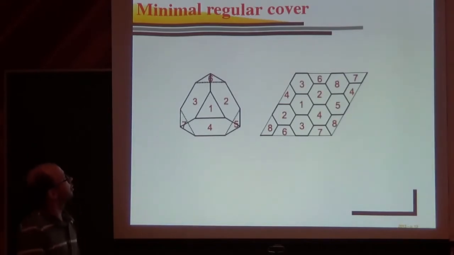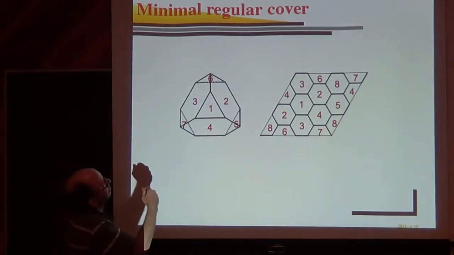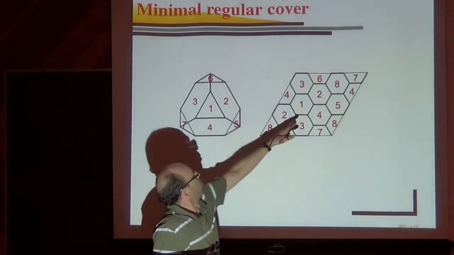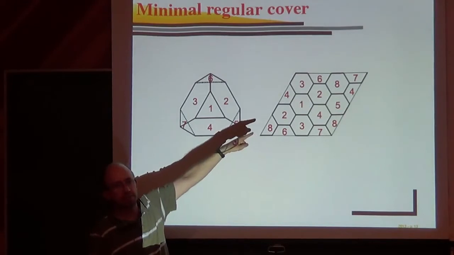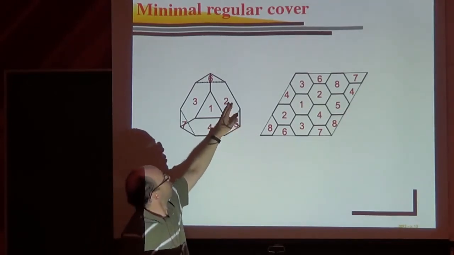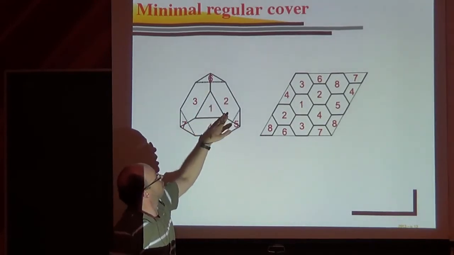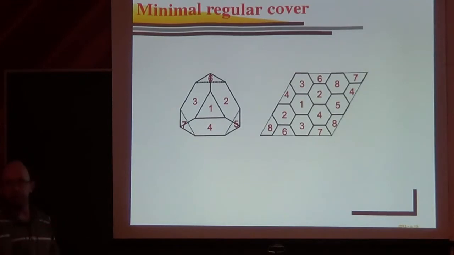To prove that it's a cover, we can label the faces. So what I'm doing is, this face number 1 is the pre-image of this triangle, and it's the only face that wraps twice to come here. Face number 2 has 2 pre-images, and so on. If I want to see the pre-image of this edge, for example, what I have to do is look at all the edges of stairs that are between something level 1 and something level 2, and so on.